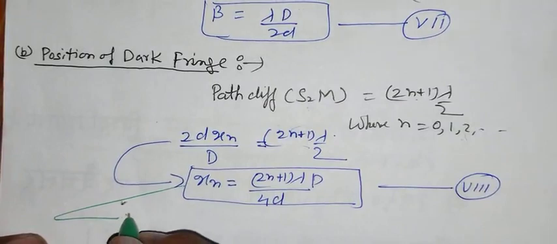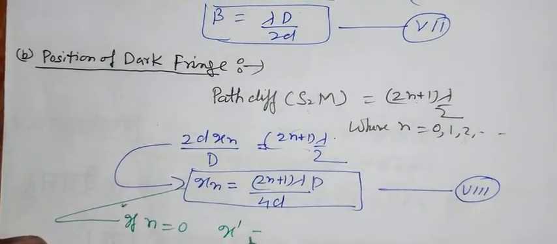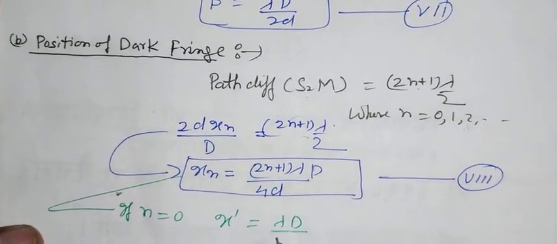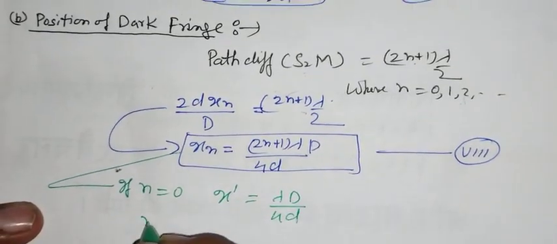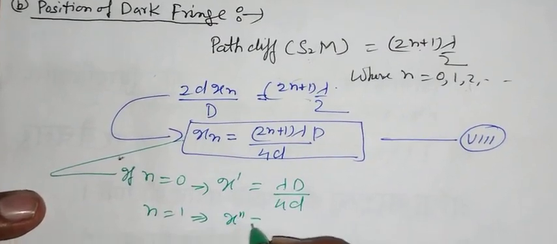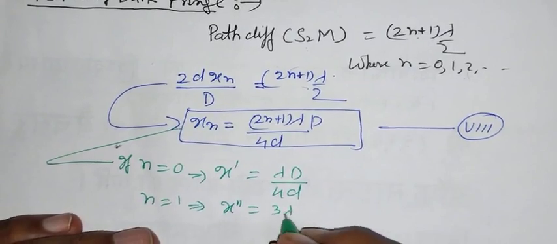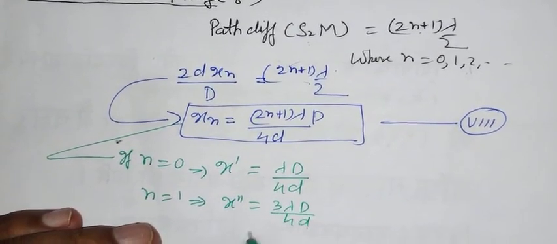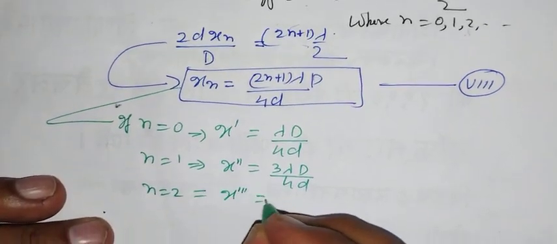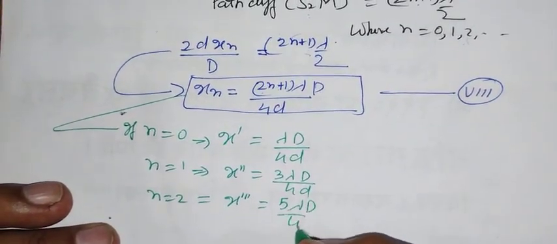If n is equal to 0, x dash is lambda capital D by 4d. n is equal to 1, this implies x double dash, the position of the second fringe, becomes 3 lambda D by 4d. n is equal to 2, x triple dash, it is 2 2s are 4, plus 1 is 5, 5 lambda D by 4d.